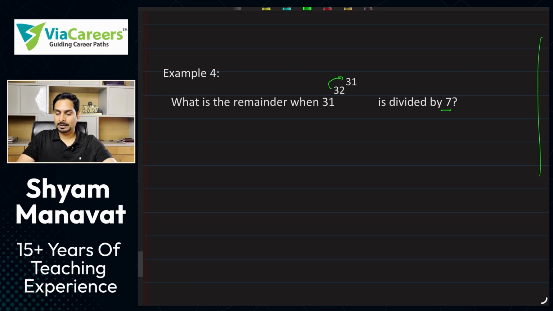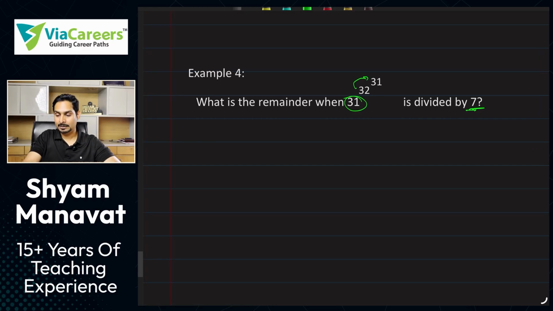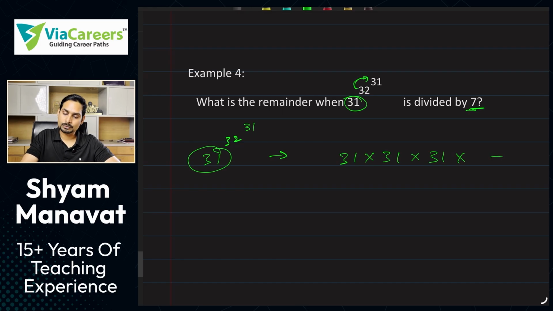Let's see how we treat this. When you have a base which is bigger than the divisor, first of all simplify that. I hope you have understood from the previous example that this 32 to the power 31 could be any number, but it's a big number. It actually means this 31 is multiplied by itself so many times.